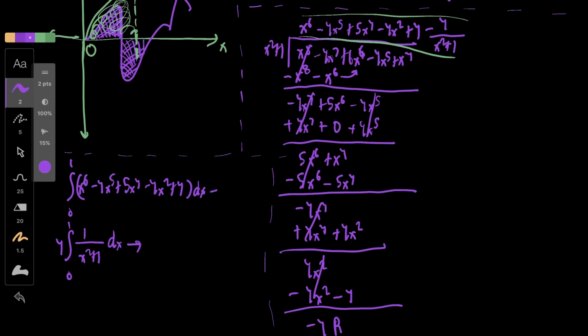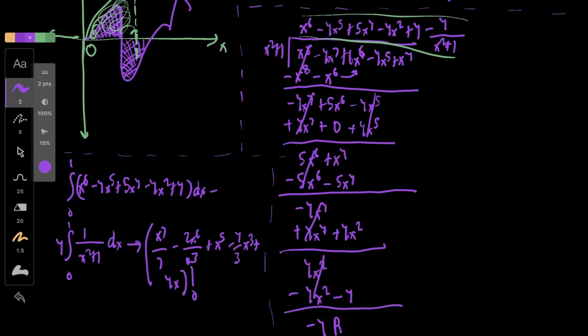So over here, that's arctan of x, and we just integrate this like a regular polynomial. So what we get is x to the 7 by 7 minus 2x to the 6 by 3, and then plus x to the 5th minus 4 by 3x cubed plus 4x from 0 to 1.